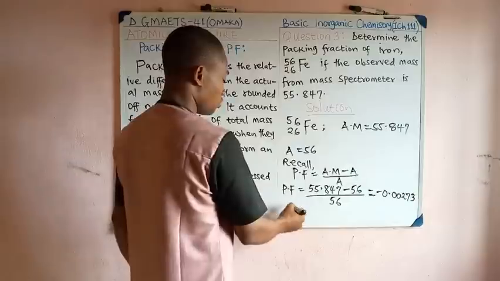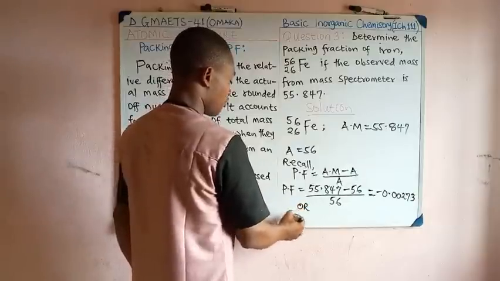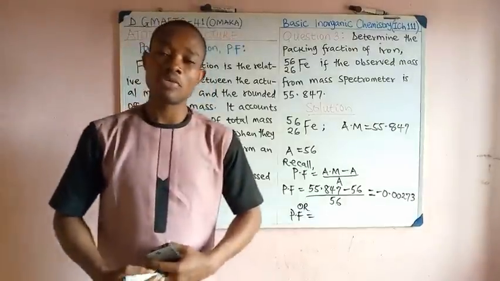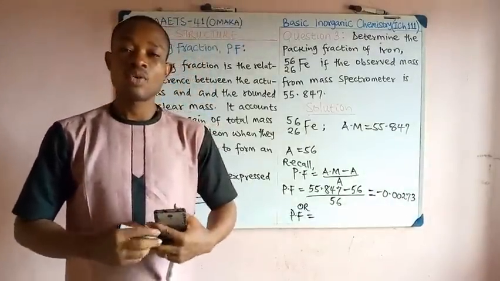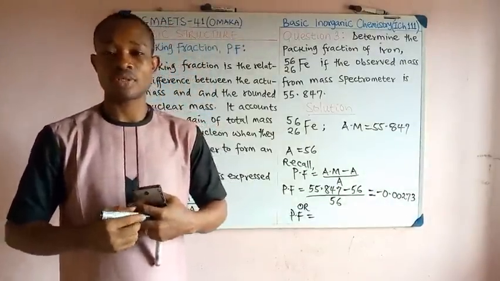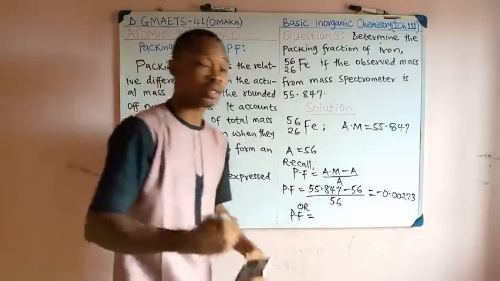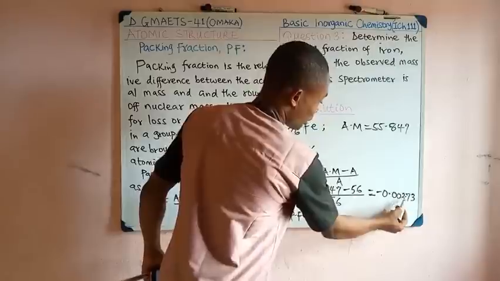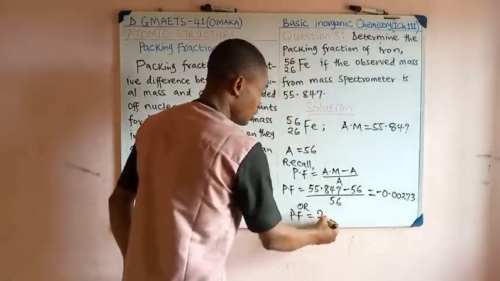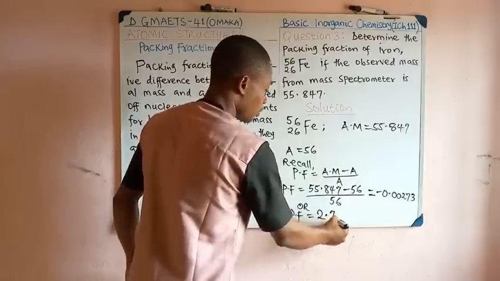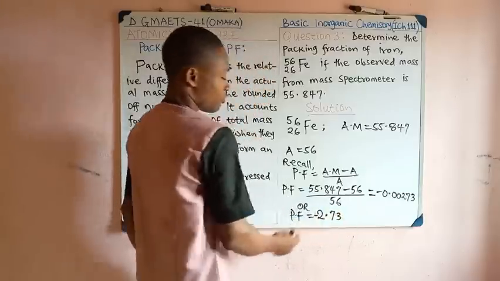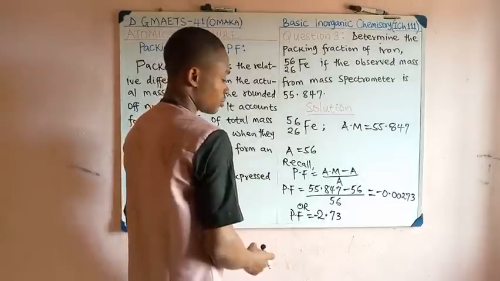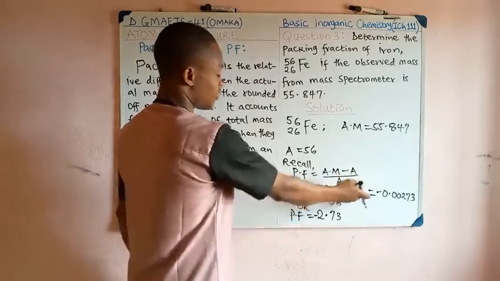In standard form, you move your point so that you have a one non-zero digit number, then you have your point and other decimals if they appear. So I'm going to move my point 1, 2, and 3 to locate that first non-zero digit, which is 2.73. This is minus, because if you do the subtraction of the numerator, you're going to get minus, because 55 point something is less than 56.